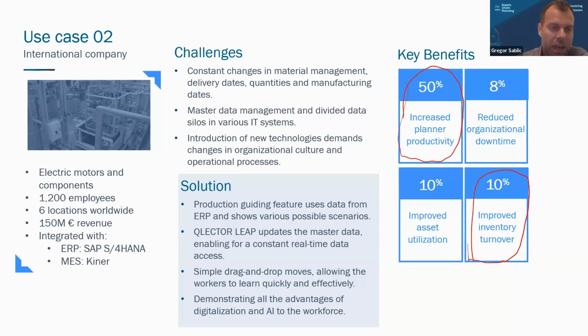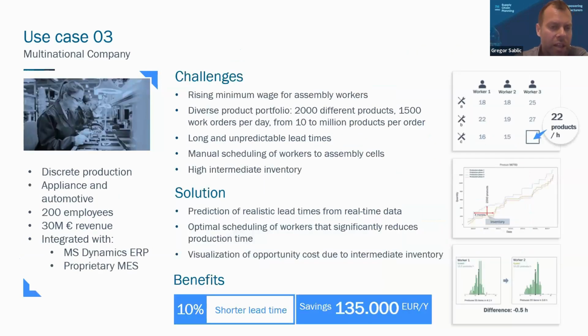from this client. The third case is more related to scheduling people on the shop floor, which I mentioned before. This company has a very, very diverse product portfolio, and it was very hard for them to manually build optimal teams while managing more than hundreds of different work centers in one shift.